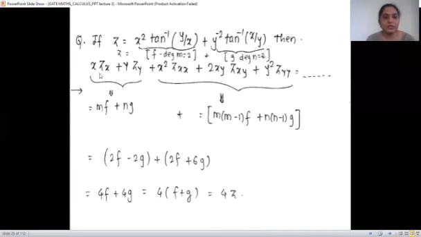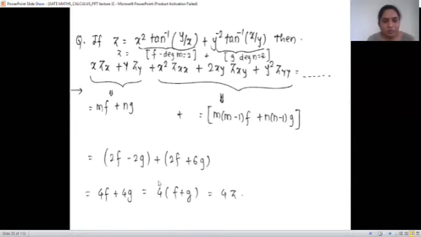That is mf plus ng for this. And for this, which is second order, it will be m into (m minus 1) f plus n into (n minus 1) g. So m is 2, n is minus 2, and we are substituting all the values here. 2f minus 2g plus 2 into (2 minus 1), 2f, and n into (n minus 1), minus 2 into (minus 2 minus 1), minus 3, minus 2 into minus 3, 6.